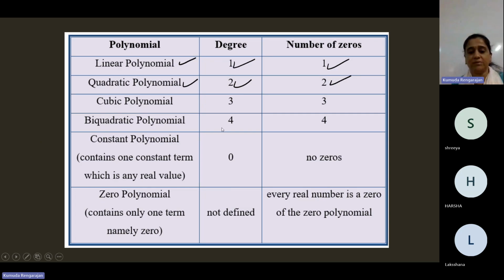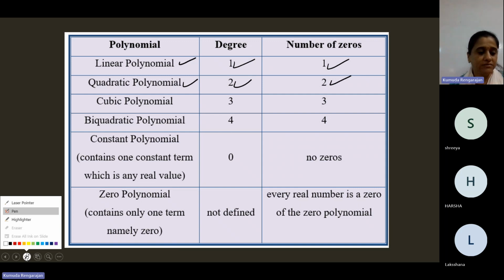So that's what is in this table. We see it again.